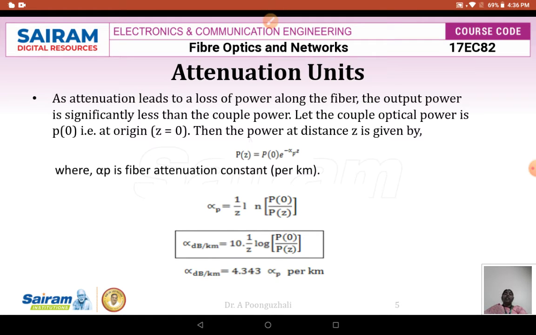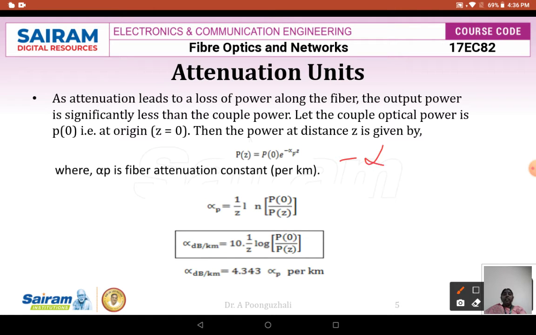So here we are going to calculate the attenuation constant. The attenuation constant is 1 by Z, the length of the fiber, ln of P of 0 by P of Z. If I take this expression, it is going to be minus alpha P Z.